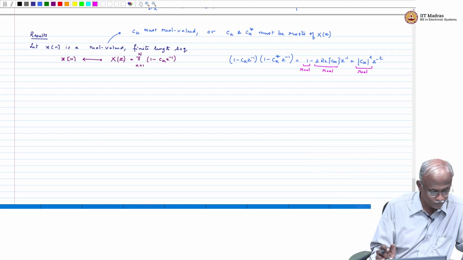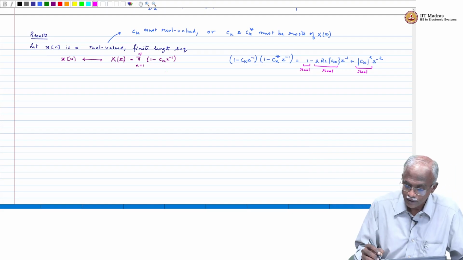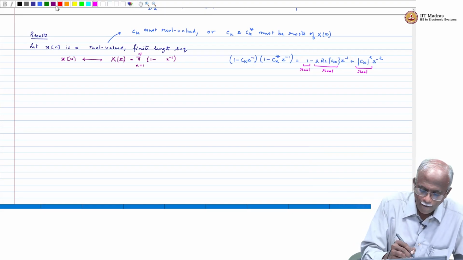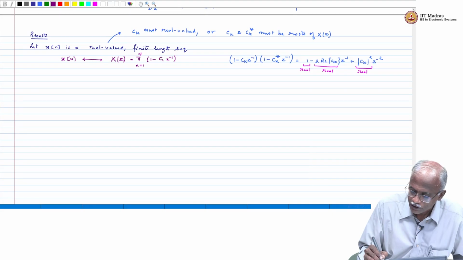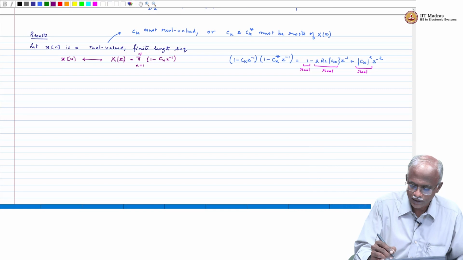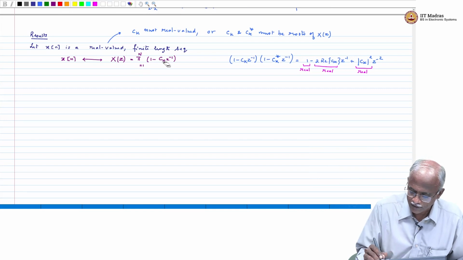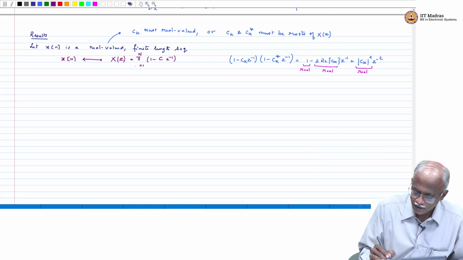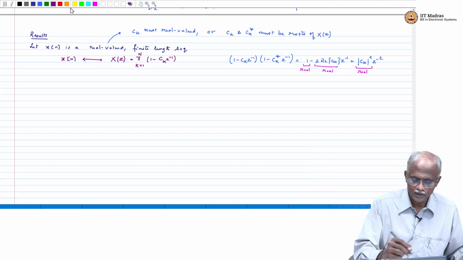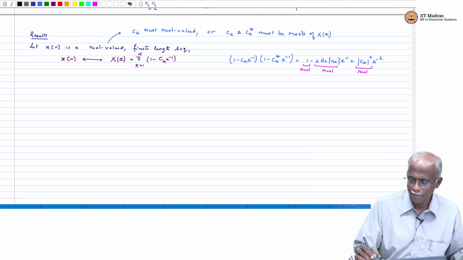So the product over k, I should change this to N. This should be Cn. I think I've been using k, maybe I should use k here also. Finite length sequence and causal.